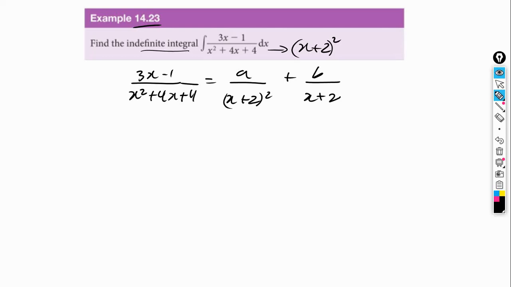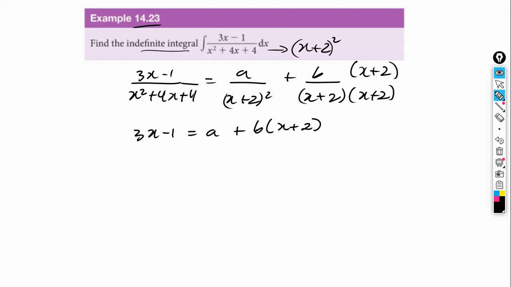So notice that if we were to do this sum, we would have to multiply this expression here times (x + 2) in order to be able to do the sum. So that means that 3x - 1 should equal A + B times (x + 2).